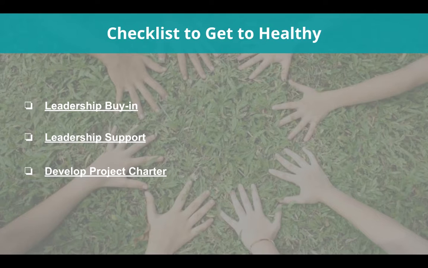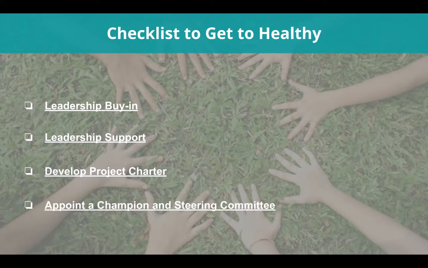Exactly, not too different from a project profile that you would do for any project, creating your governance, your structure, who's doing what, when, why, what the budget is, and really putting structure to this work. It's really important if you want it to be sustained. And then the last one is the champion and the steering committee.